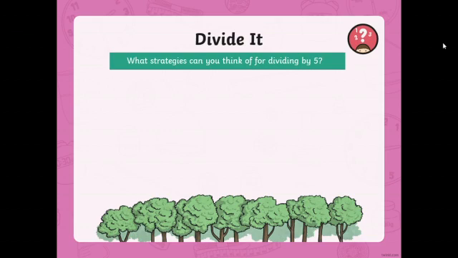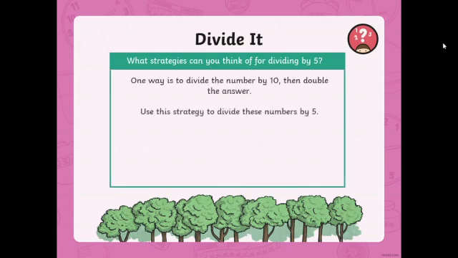You should be able to figure out why. The first one we're going to look at is a quick way to divide your numbers by 5. Now I know most of you would be able to do this quite quickly, whether in your head or using a bus stop, but this is just another quick method that makes it slightly easier.